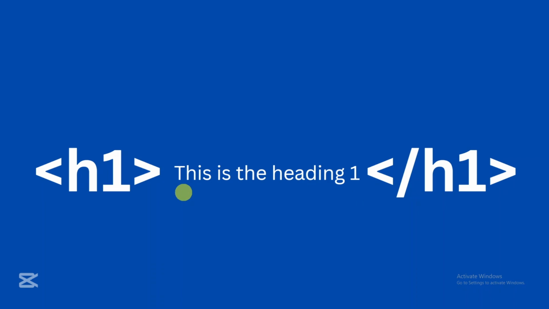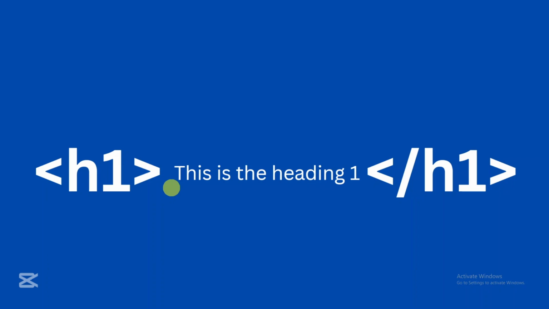So in this case, the caption is "This is the heading 1." This would ensure that the text "This is heading 1" would be the biggest text that would be displayed on the web browser or my web page.